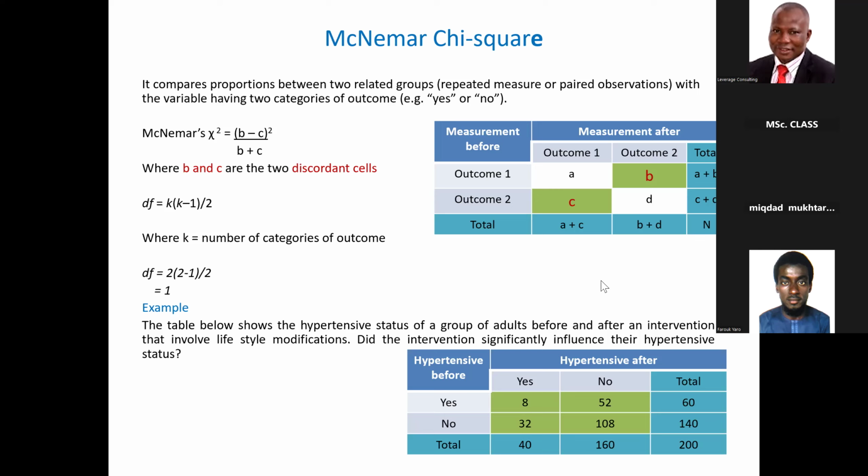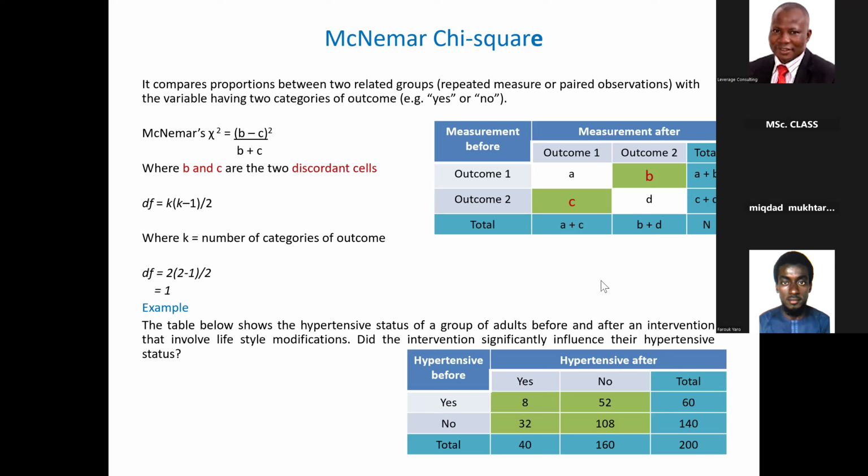You will see that the one we call A up here is the 8. The 8 people were hypertensive before and are still hypertensive. The 108 were not hypertensive before and remain not hypertensive. All those that didn't change, the calculation has no regard for them.